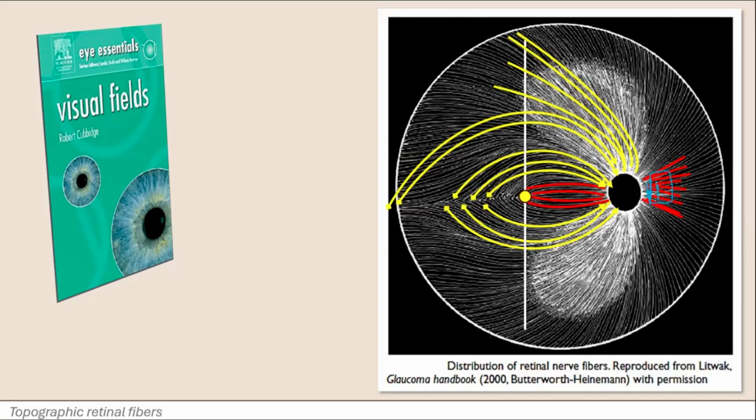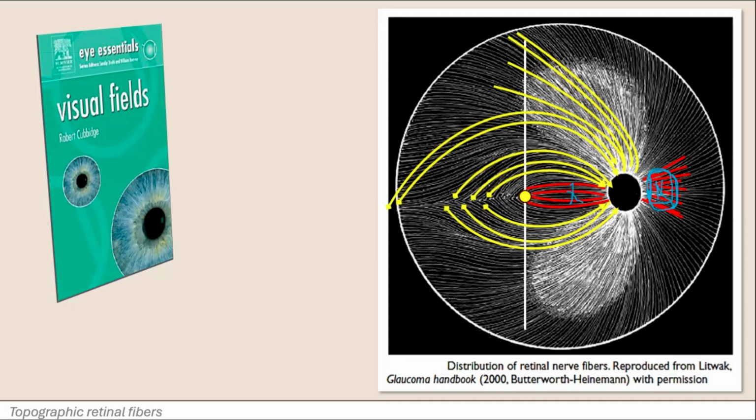This is number one: fibers that come from the nasal retina will cross in the chiasm, and the chiasm is compressed by pituitary adenoma. And also we have the nasal macular fibers, which are this one. So the fibers in red are affected by chiasmal compression because they are crossing in the chiasm.